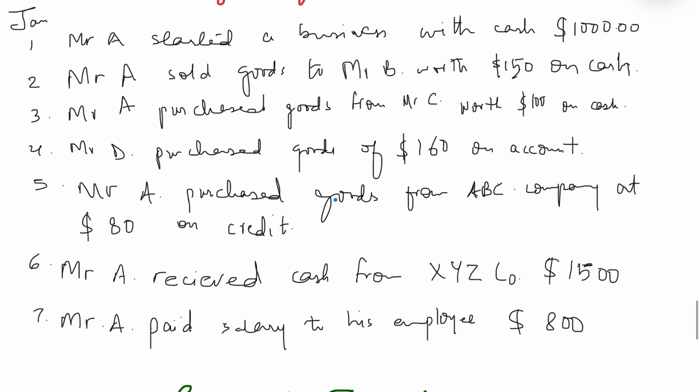Now on the fourth, Mr. D purchased goods of $160 on account, which means Mr. A has sold goods on account. It means an account receivable has to be made for $160.